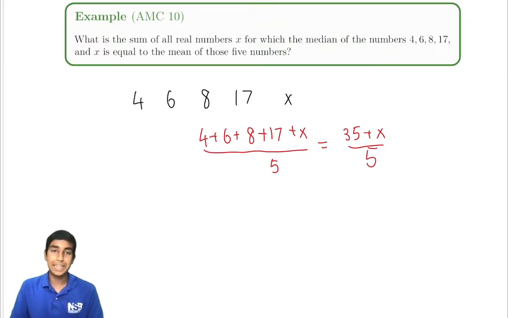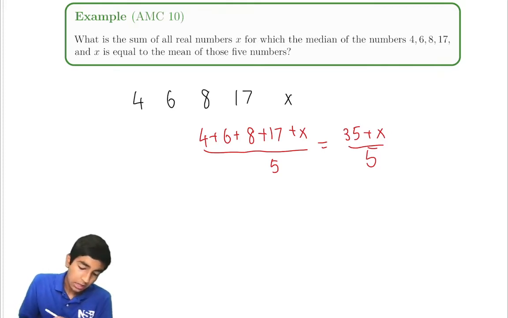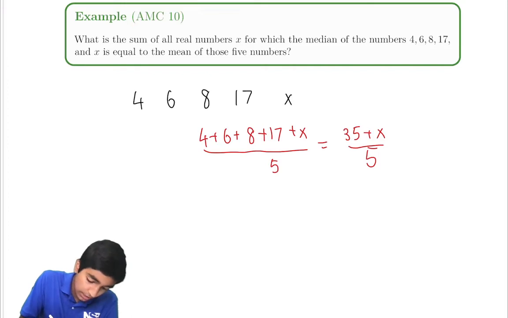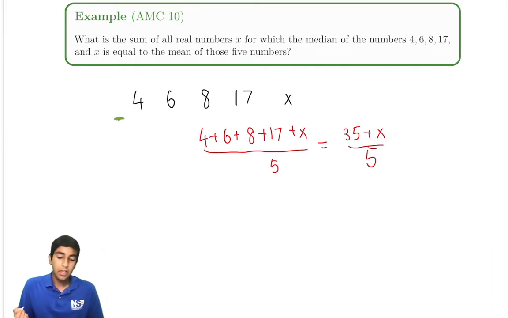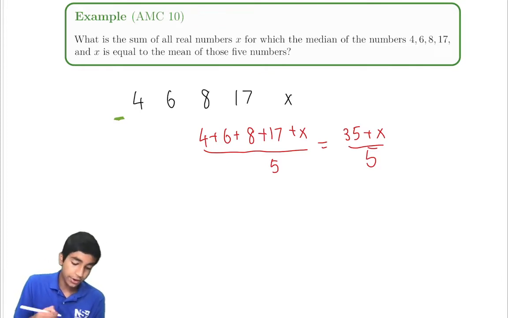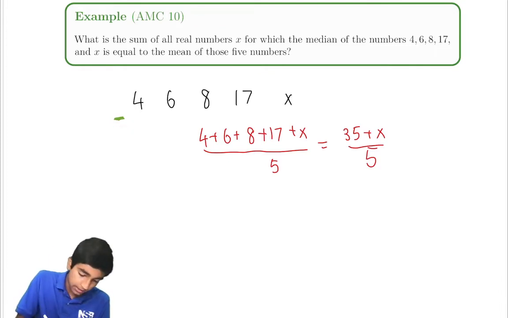What about the median? Well, the median really has a few choices here. Let's say our number x was really tiny. If x is really tiny, then what would be the median? The median out of 5 numbers is just the third term when ordered from lowest to highest. So if it's the third term, then it would be 6 in this case.